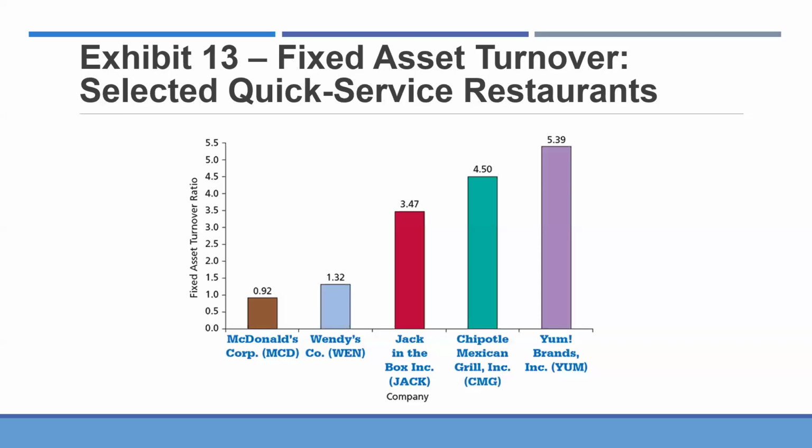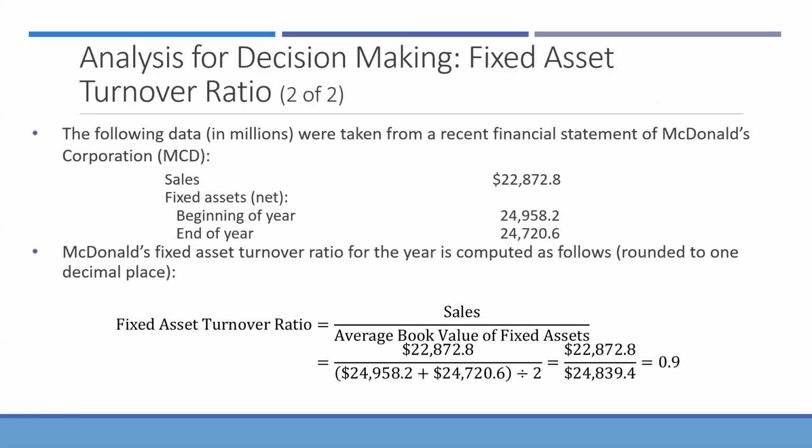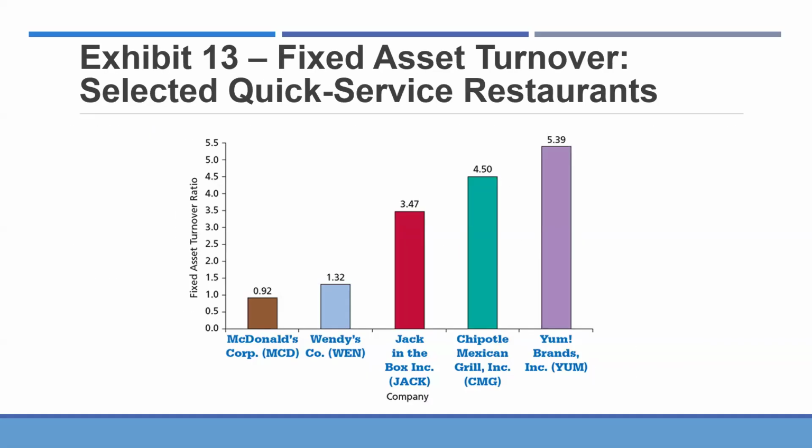Jack in the Box, Chipotle, Yum Brands, there's 2 parts to the equation, right? Part of it is sales, part of it is average value of fixed assets. And Chipotle is likely purchasing less of the land, renting more, and they're also franchising less. And so McDonald's is franchising more and purchasing more of the land. So that's less sales and more land.